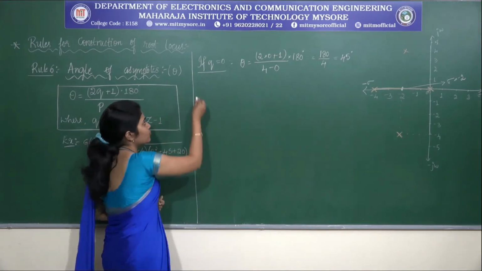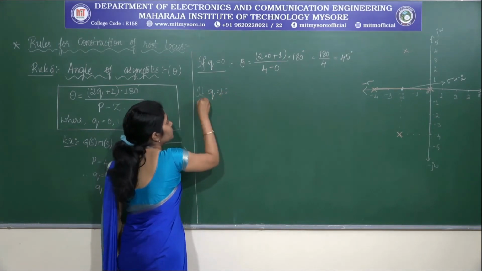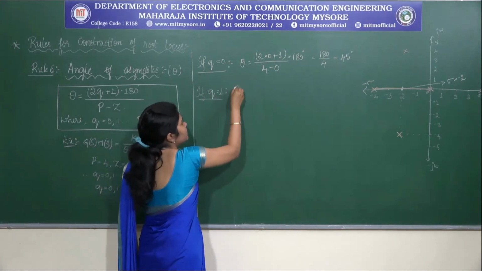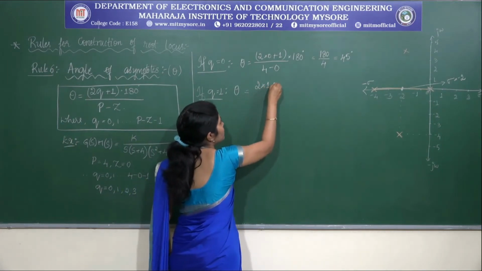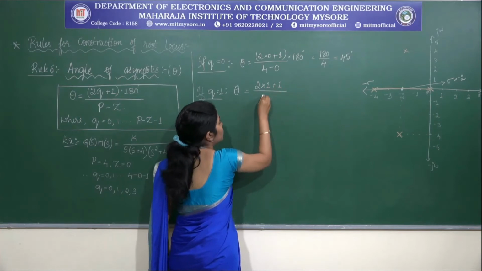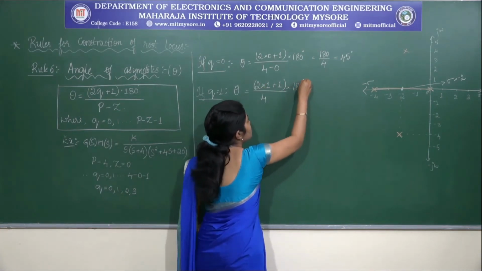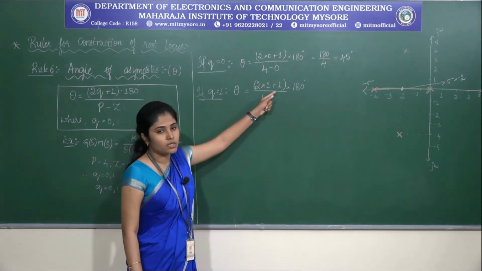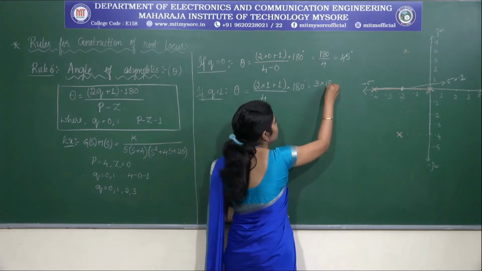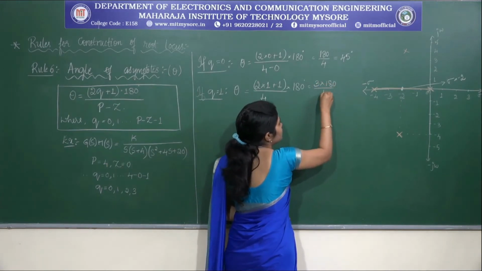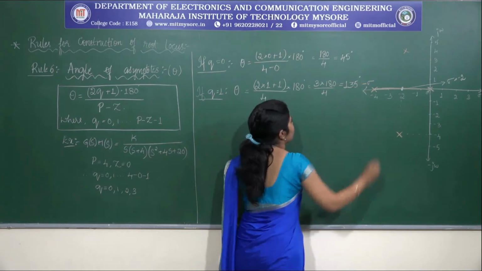If q is equal to 1, the next value theta will be equal to (2 into 1 plus 1) divided by 4 into 180. 2 ones are 2 plus 1 is 3. So this is equal to 3 into 180 divided by 4, which gives us 135.